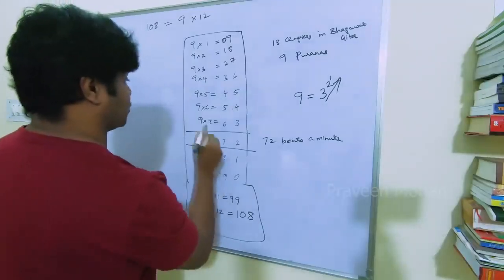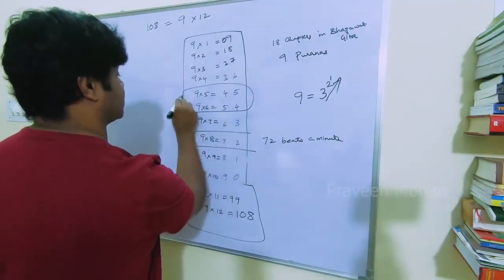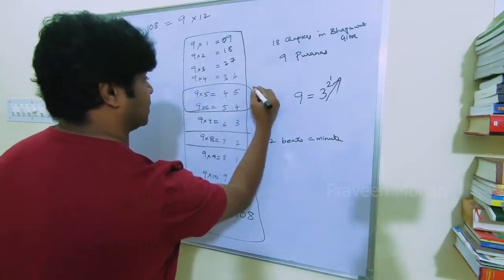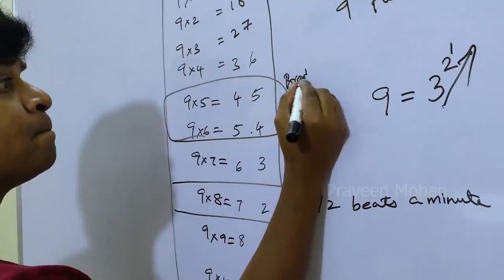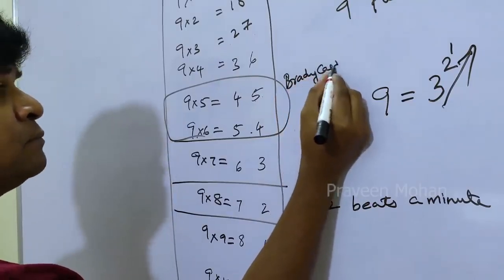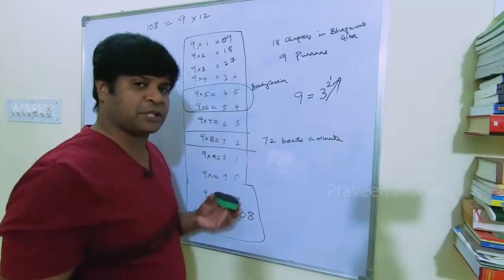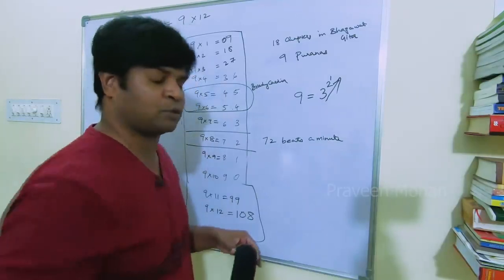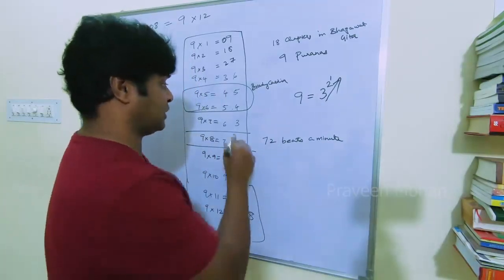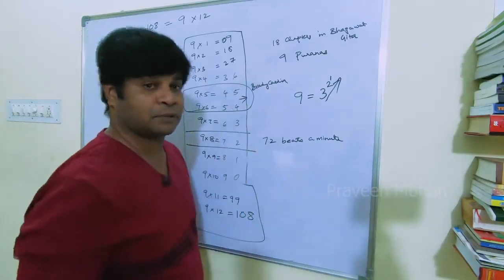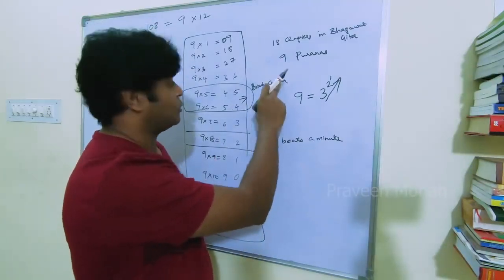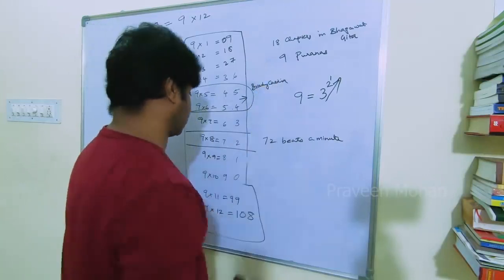Now, if you just skip this and if you reach this level, you would reach a very slow rate. This is called bradycardia. This is a dangerous level. If you do deep meditation, very deep meditation for more than like 2 hours, you can literally slow your heart down to like this level. Okay, but it's kind of dangerous to get your heart to this level.